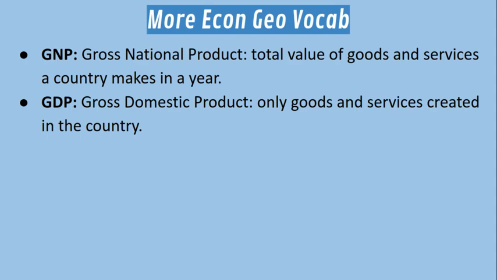If, however, it's made outside the US, even if it's a US company like McDonald's, then McDonald's in China is part of China's GDP, but it's part of the US's GNP because McDonald's is a US-based company, but McDonald's in China would be producing their product in China.